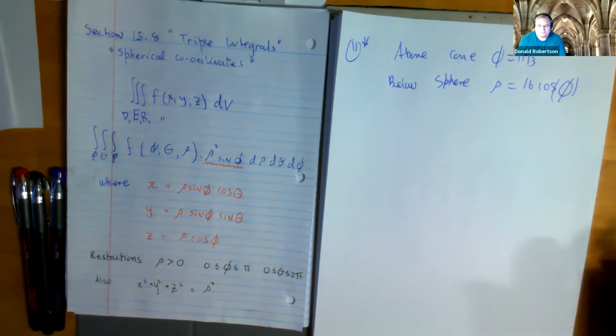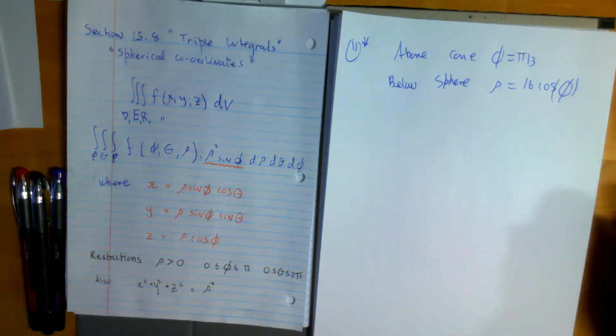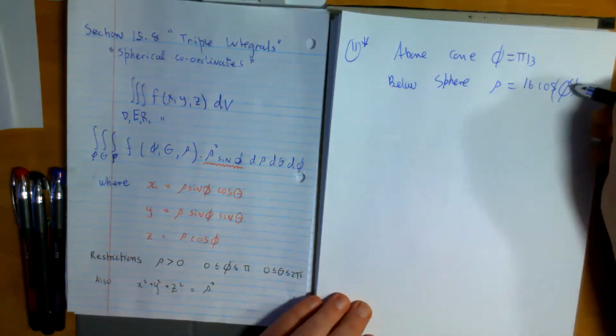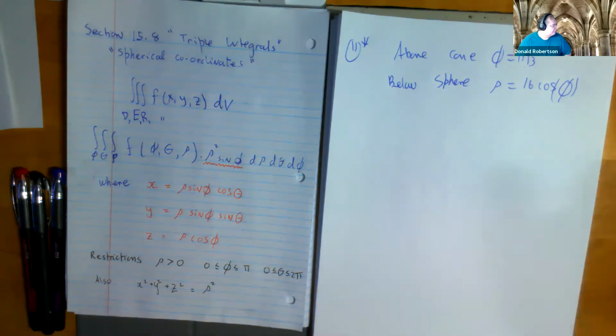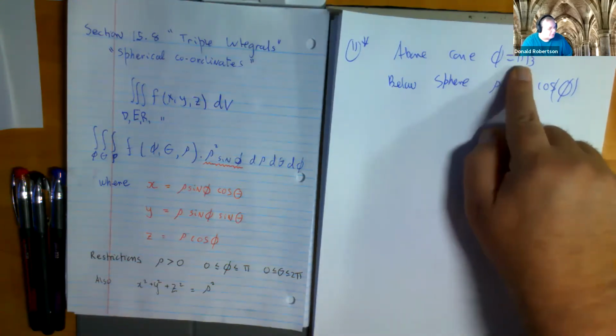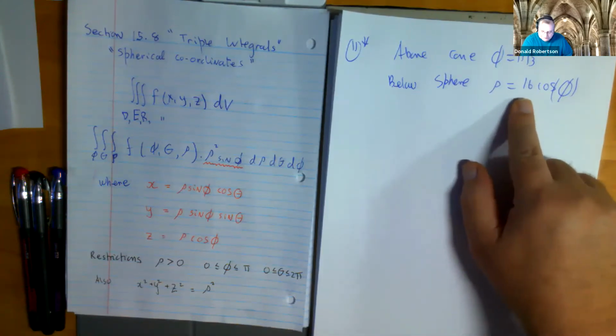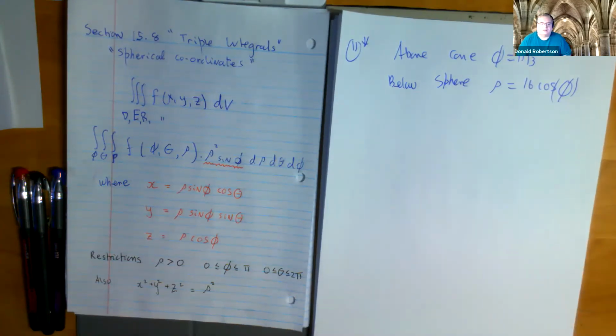Okay, so. Is that a theta or a phi? This is a phi. I'll double check it, make sure I'm doing it. It is a phi. Phi is pi over 3, and rho is 16 cosine of phi.